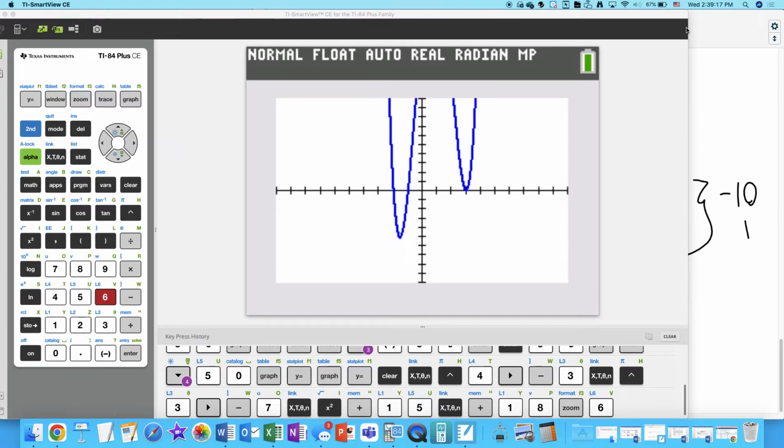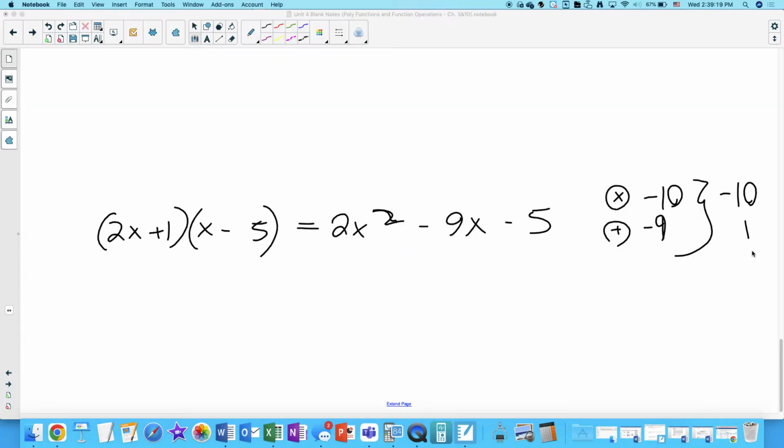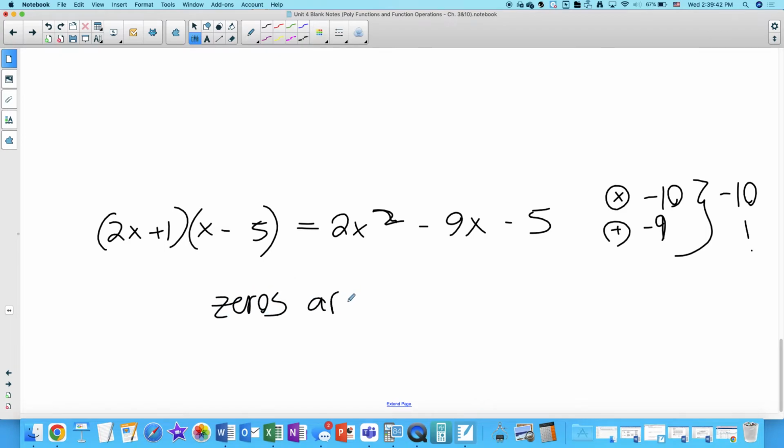Okay. So we know that there's a little bit more to it than just plunking in these two numbers that multiply to negative 10 and add to 1. Now, in fact, the two zeros, if this were a polynomial function, are negative 1/2 and 5.